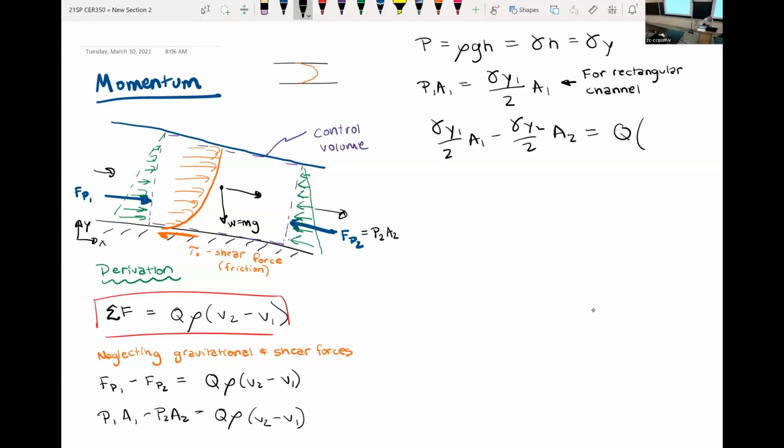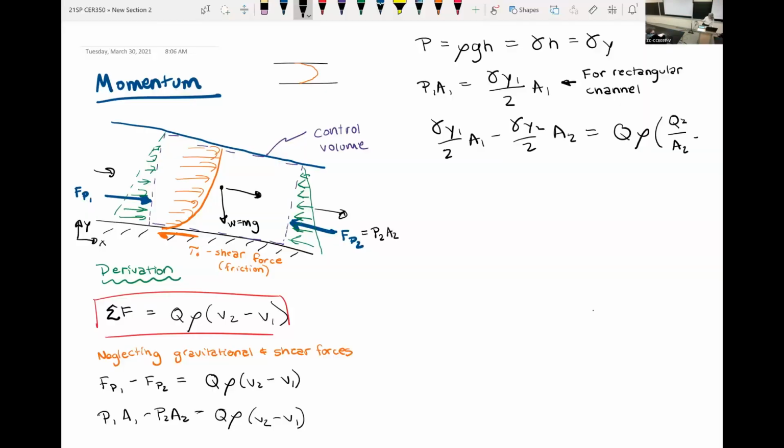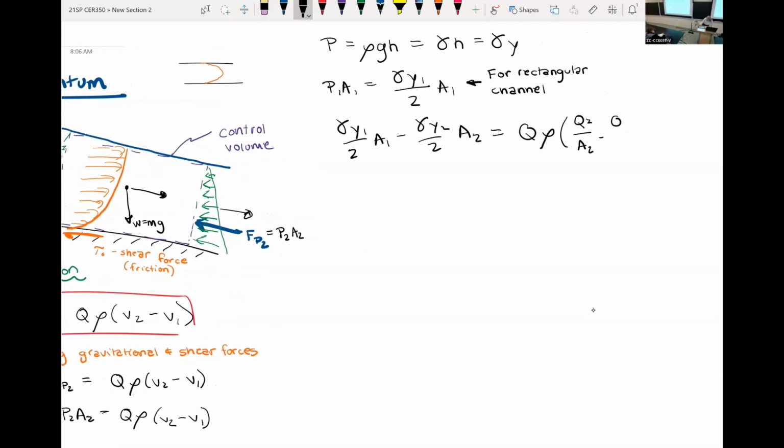And if we rewrite this in terms of Q's, our V2 minus V1, then we've got Q2 over A2 minus Q1 over A1. And what is the relationship between Q2 and Q1? Carly?